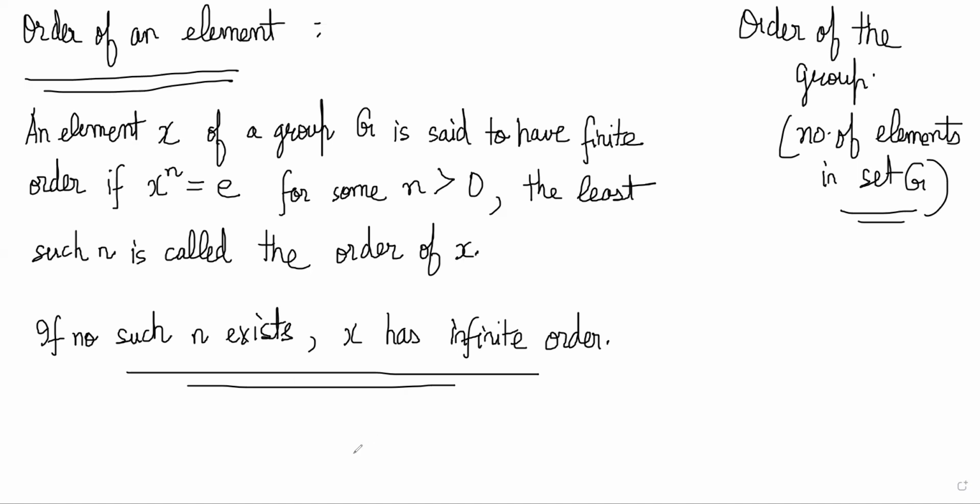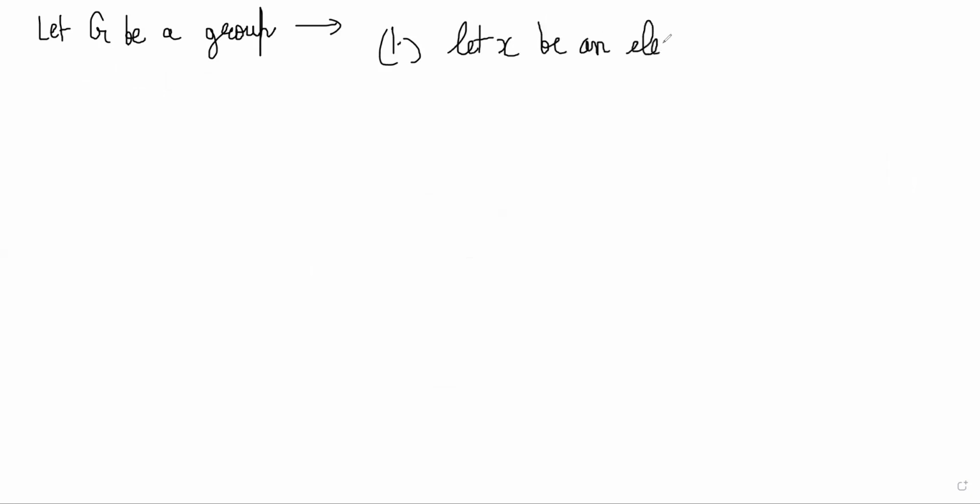Let's look at some more properties to try and understand this a little better. So let G be a group, let x be an element of G with infinite order, that means there is no finite n such that x power n is equal to e.